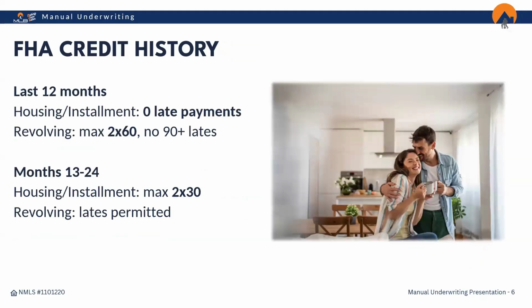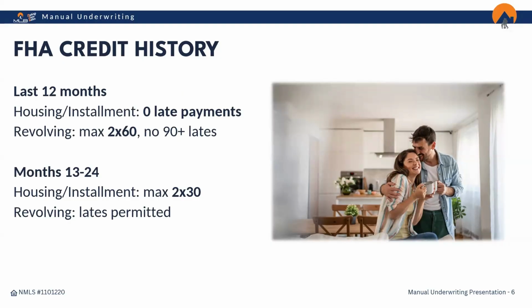Some other items to call out here on the FHA credit history side of things. For the last year, just to reiterate, there cannot be any late payments in the last 12 months for housing and installment payments. Revolving, once again, a max of 2 late payments in the last 12 months, but no 90-day plus lates.